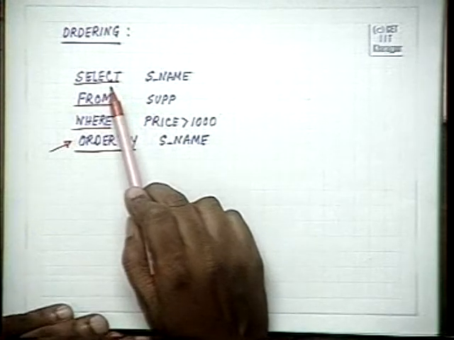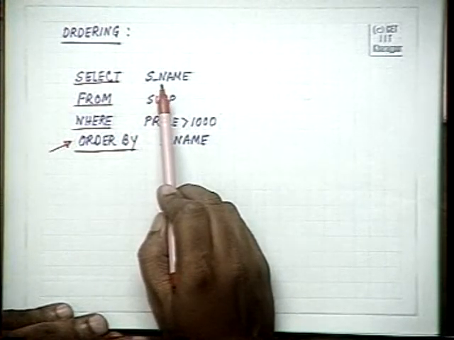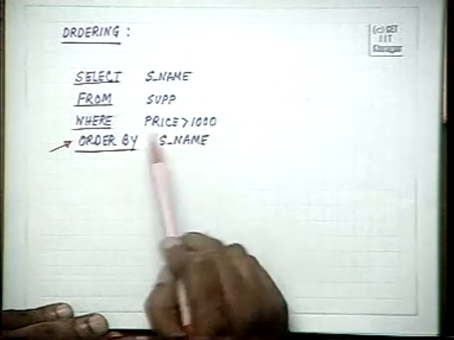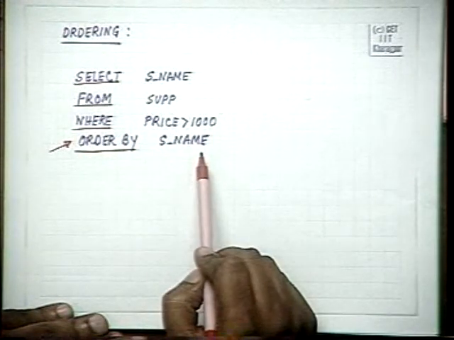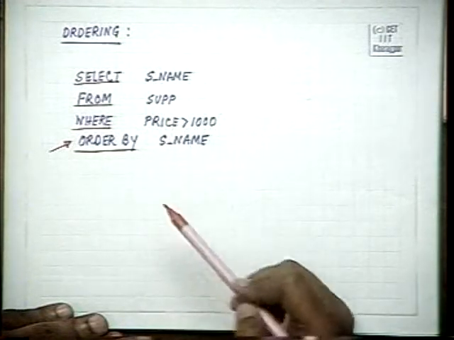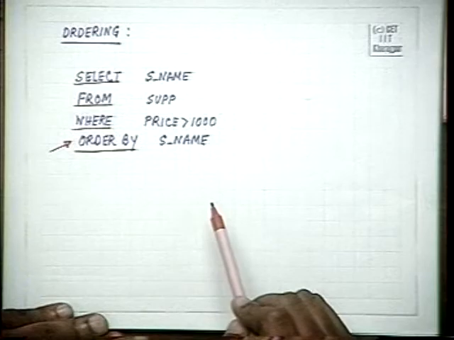This says select supplier name from sub where price is greater than 1000, order by supplier name. So, the resultant relation will be ordered by supplier name, that is the final answer will be ordered according to supplier name. Now, it will be ordered in ascending or descending order according to the default ordering of the system.